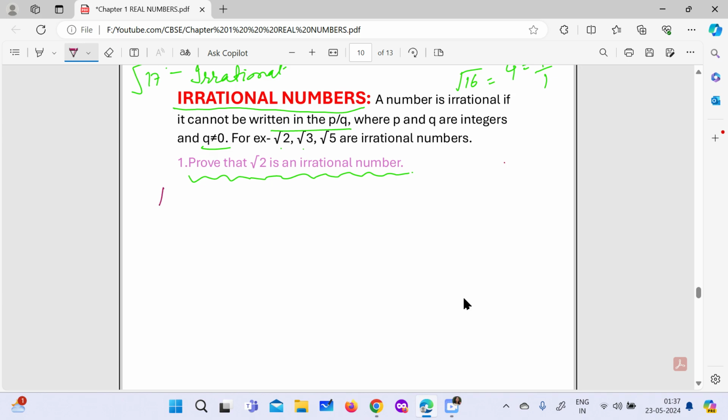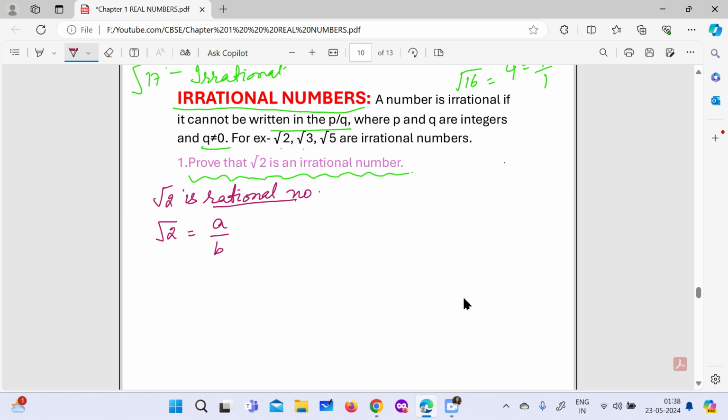If I say root 2 is a rational number, it means we can write this in the form of p over q or a over b. Let's say that we can write this in the form of a over b, where b is not equal to 0. So root 2 is equal to a over b, and this is a rational number.